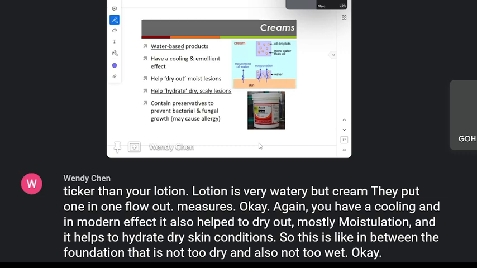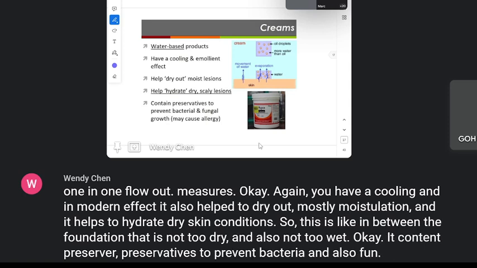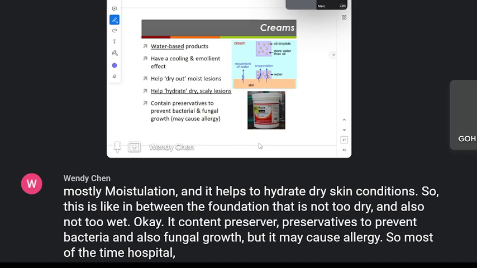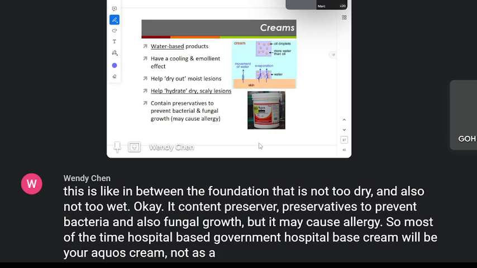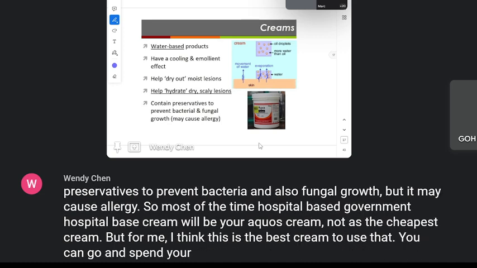Okay, it contains preservatives to prevent bacteria and also fungal growth, but it may cause allergy. So most of the time, government hospital based cream will be your aqueous cream, as the cheapest cream. But for me, I think this is the best cream to use. You can go and spend your money to buy all other expensive creams and emollients.